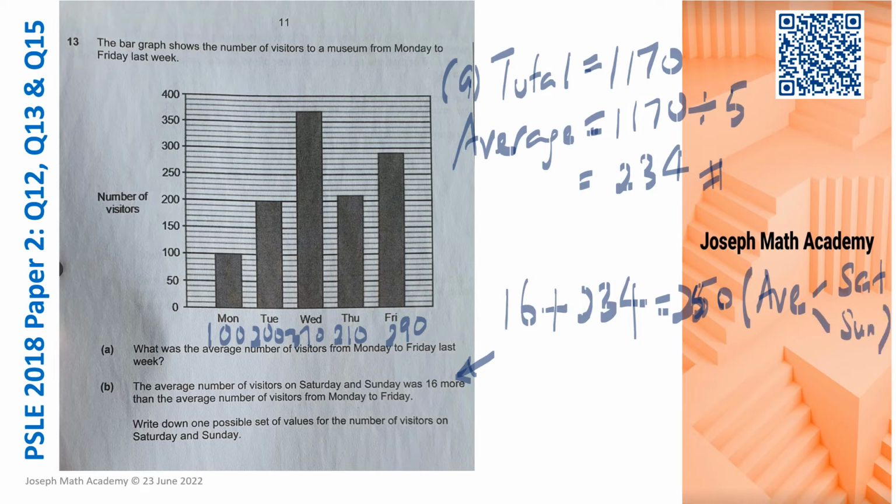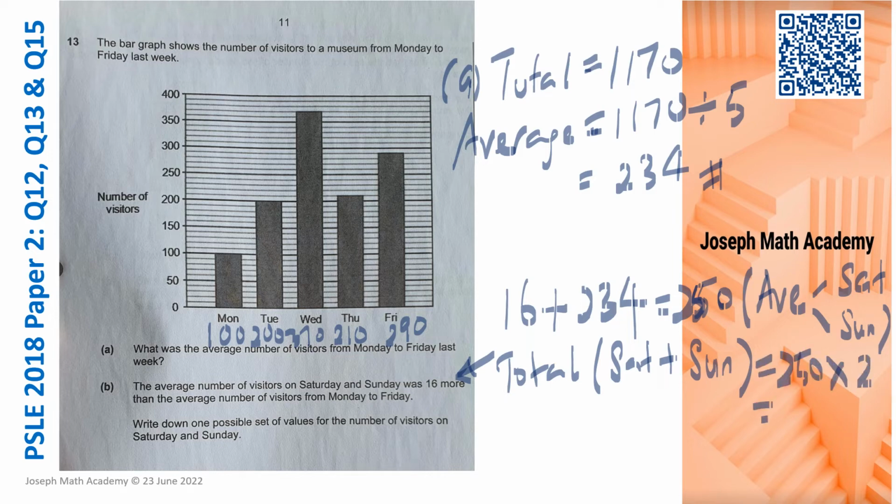All right. Now, to write down one set of possible values for Saturday and Sunday, we need to know their total first. So for the total number of visitors on the two weekend days, total Saturday and Sunday, I need to take 250 times 2, that gives us 500.